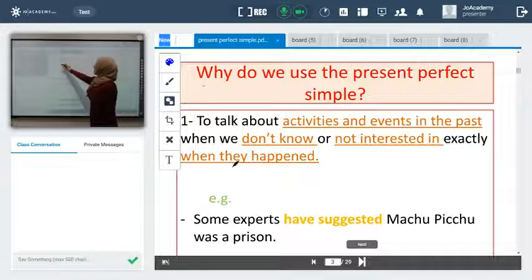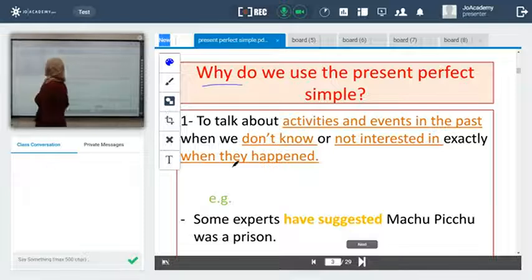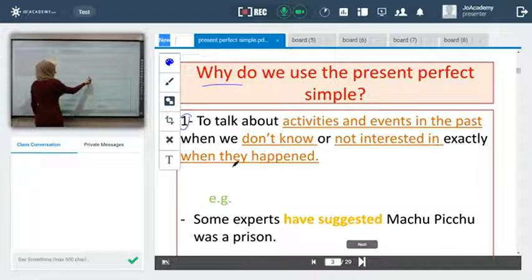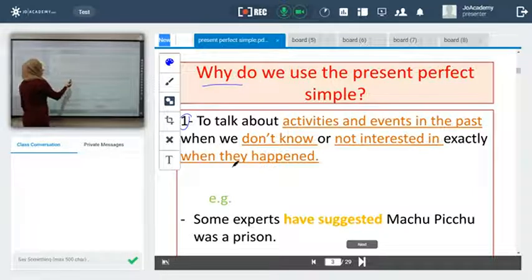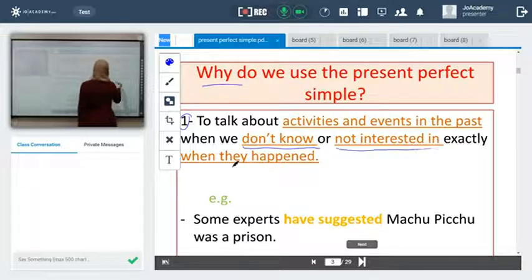Now, why do we use the present perfect simple? We use the present perfect simple, number one, to talk about activities and events in the past when we don't know or are not interested in exactly when they happened. We don't know the time, or we don't want to say the time.